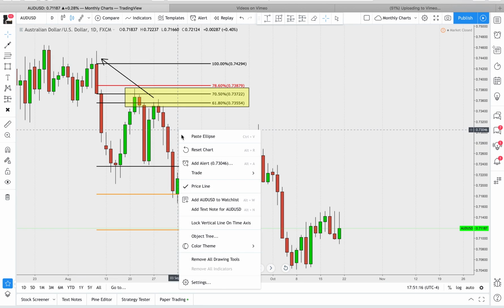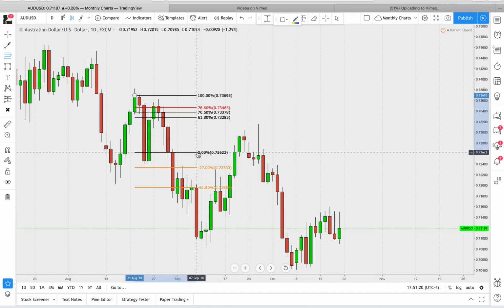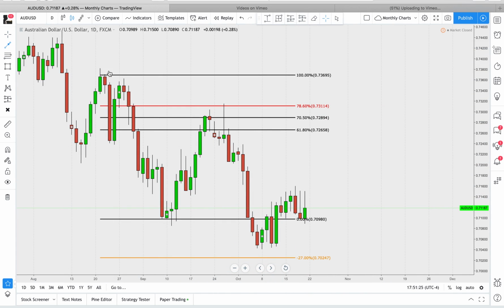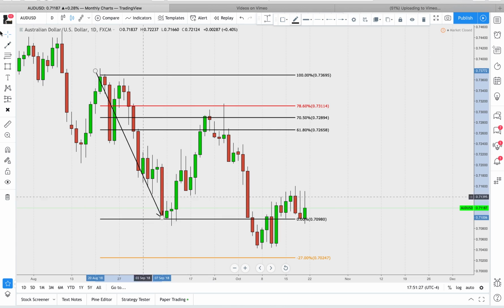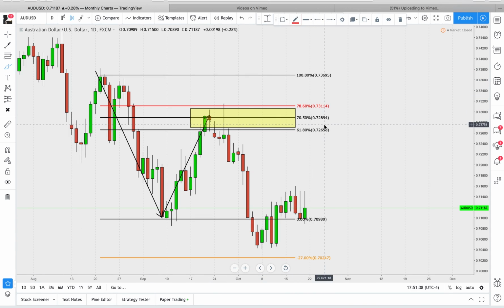So going forward, look at the second one here. We could take the fib from this high to the low. We get the push down, followed by a retracement. We know that already. Entry zone. So if I'm entering in there, I could be entering at 61.8, 70%, 78%.